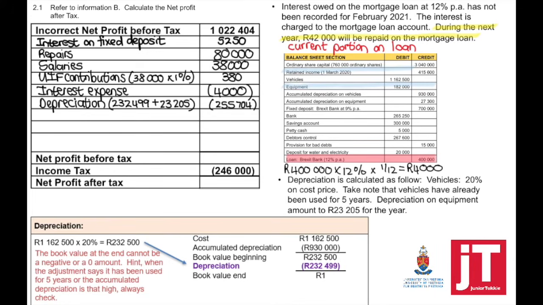To show my depreciation, we are going to add what we've just calculated plus the depreciation given for equipment, and it must be shown in brackets. Why? Because our expense increases, it will have a negative effect on the net profit.